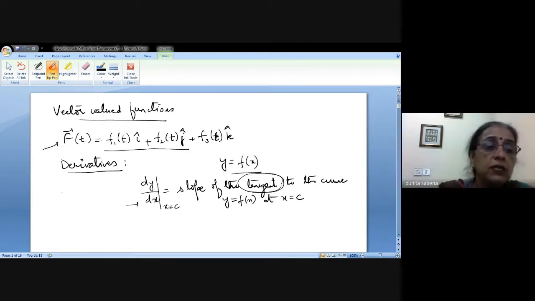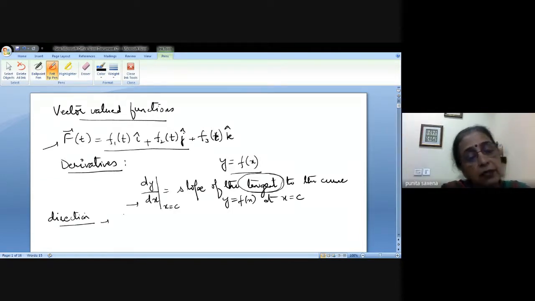Now, in the case of vector valued functions, it becomes more important and useful, especially when we are trying to find applications in physics, like planetary motions, which you have all studied in physics. When you study things from the point of view of physicists, direction is important, especially when it's movement.